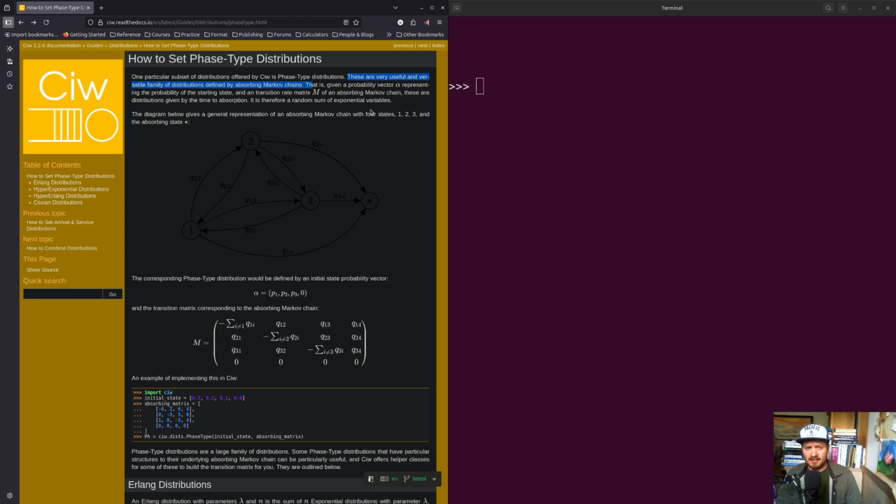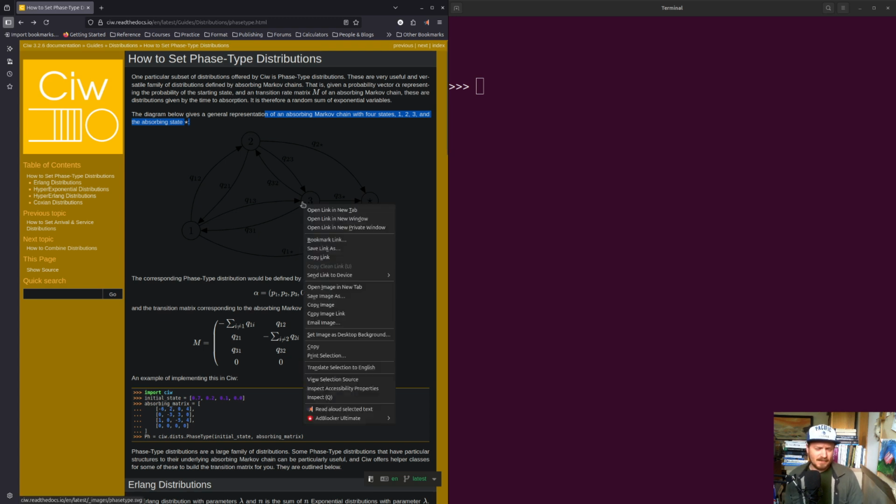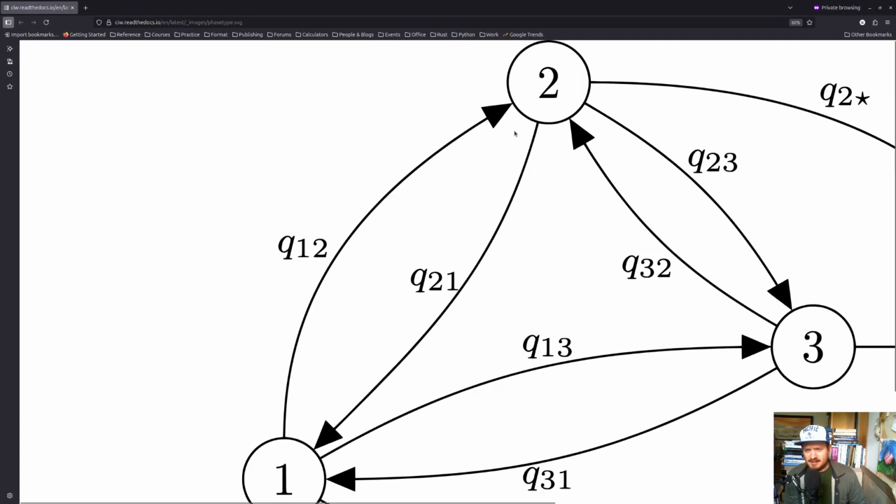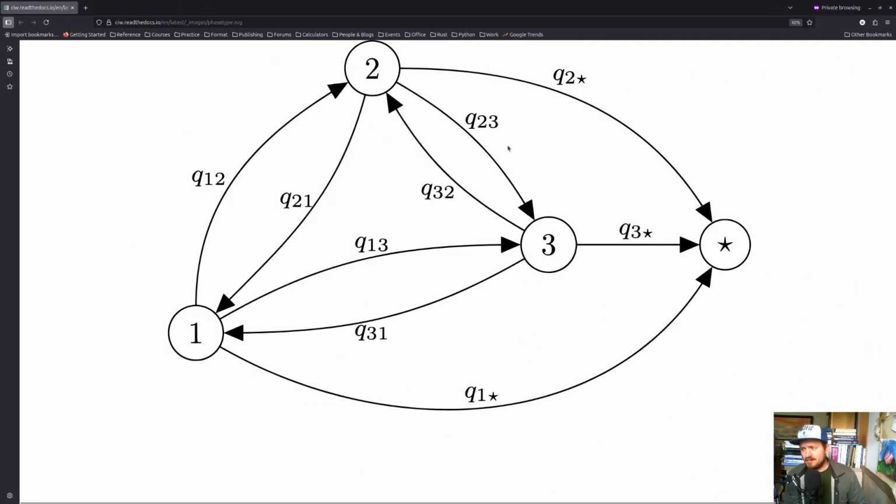The diagram below gives a general representation of an absorbing Markov chain with four states, 1, 2, 3, and not 4, but what we'll call the absorbing state, or star. Now I'm going to pull that diagram out in another browser here just to get a sense of what's going on. So you first can see that this is a network diagram.